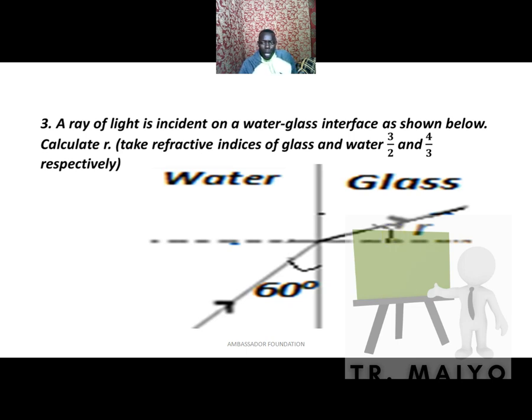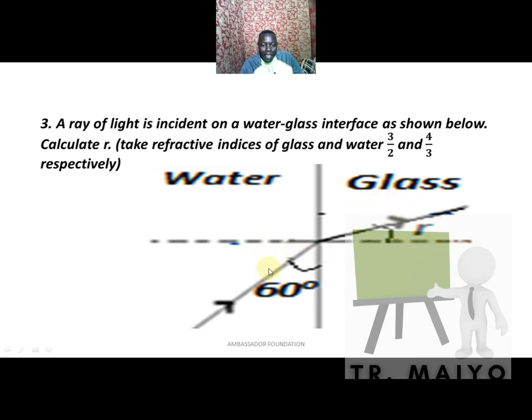Which formula do we apply here? Let me give you the formula that we apply in such a question, because you have been given the refractive index of water 4/3, of glass 3/2. You take the refractive index of water times sine of incidence, which should be equal to the refractive index of glass times sine r.